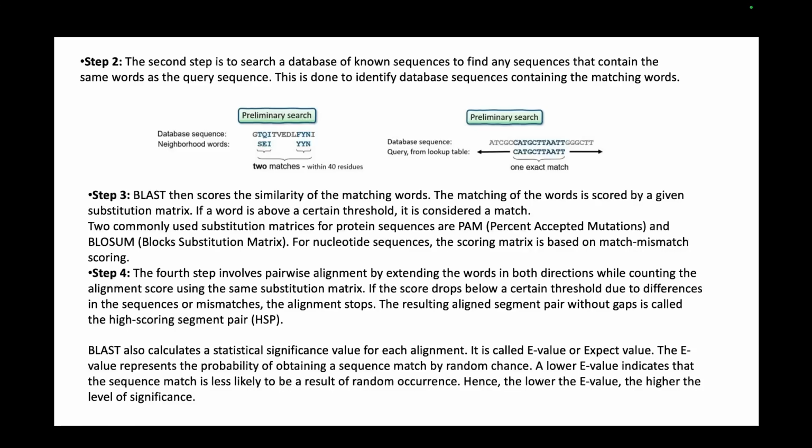That's where you use these seeds and try to find where they are present in your whole database of sequences. As you see here, in this case this only matches one of the three. Here it matches two of the three, and in a preliminary search, there are two matches within 40 residues. This is the database that it needs to search.